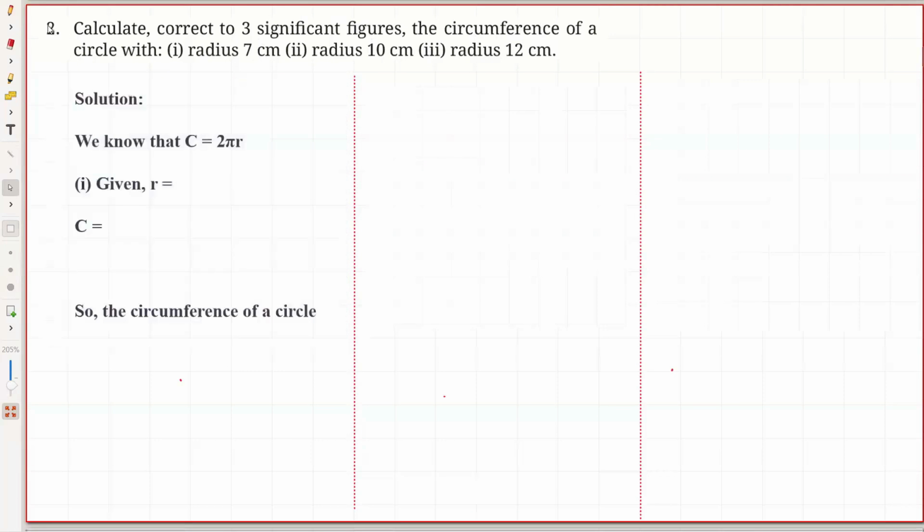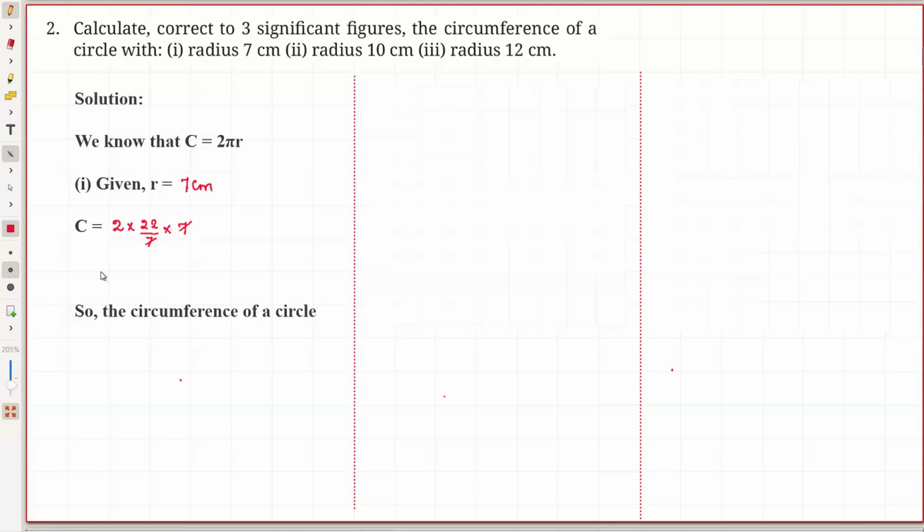We know that the circumference of the circle C is equal to 2 pi r. The radius is given as 7 centimeter. So C is equal to 2 into the pi value 22 by 7 into the radius 7. The 7s cancel.